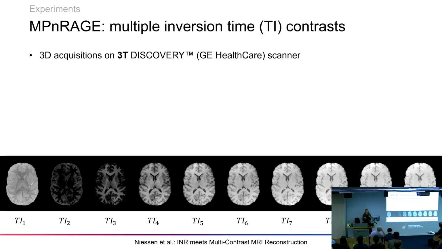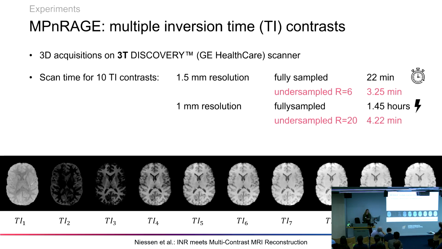We'll now look at the scan times with which we acquired data for these 10 inversion contrast images. In MRI, as you heard before, there's a trade-off between scan time and resolution. At a resolution of 1.5 millimeters, we acquired fully sampled data, which took 22 minutes.